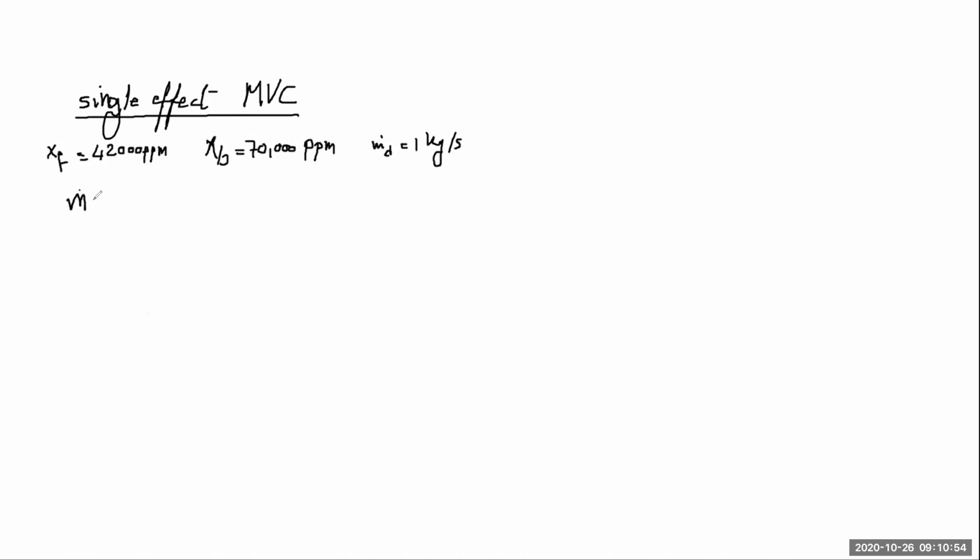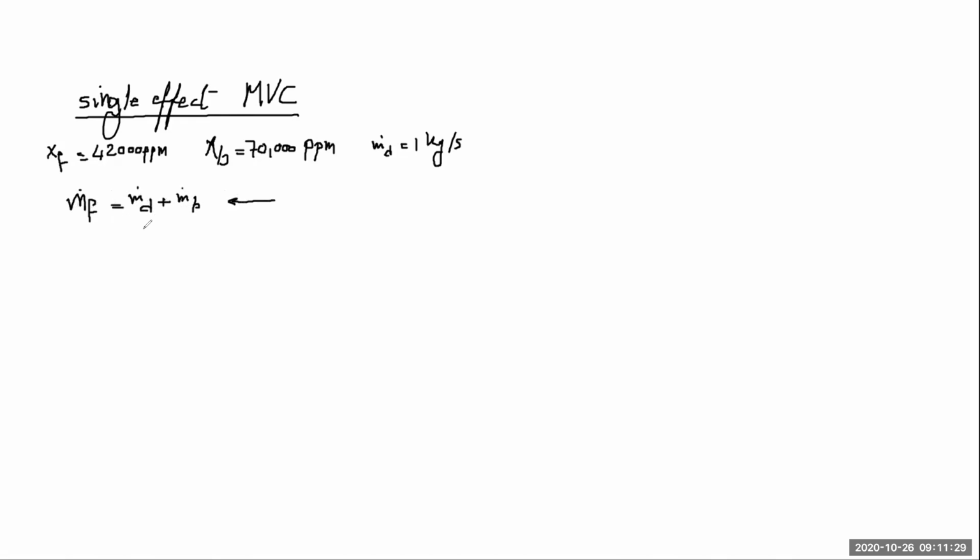So m dot feed is equal to m dot distillate plus m dot brine. This equation is common for all types of conventional desalination systems. We'll see that we have used this for the single effect evaporation, with thermal vapor compression, single effect evaporation with mechanical vapor compression, multiple effect evaporation, multiple stage flash, and even for the RO.